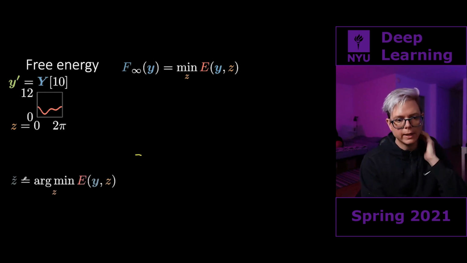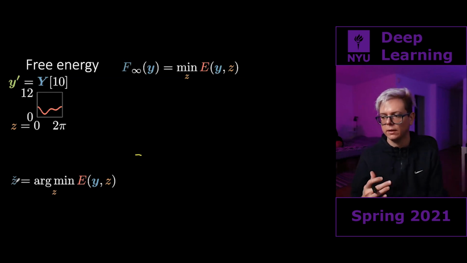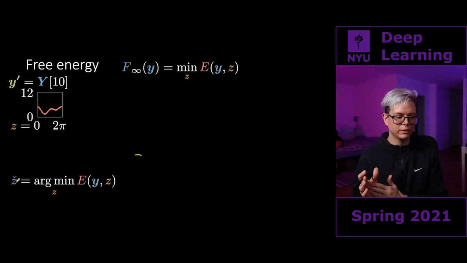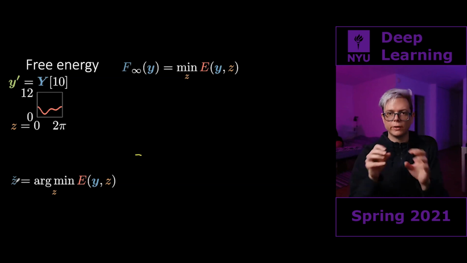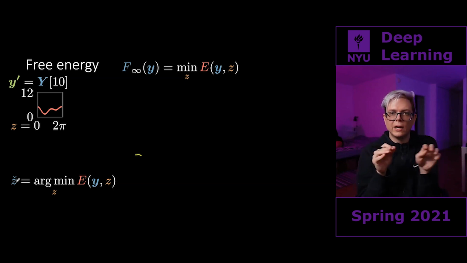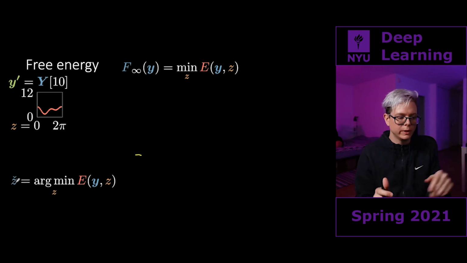Okay. And so we can also write down my z check, which is the z at which my energy has its lowest value. This is the argmin over z of E. It's going to be called z check. Why is it blue? Because it's cold, right? If the temperature is the average kinetic energy of the particles, then at the lowest energy it's going to be the coldest region.